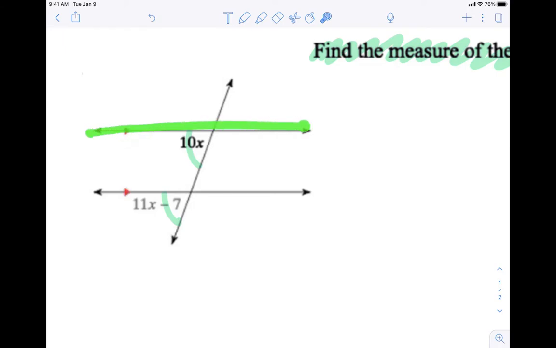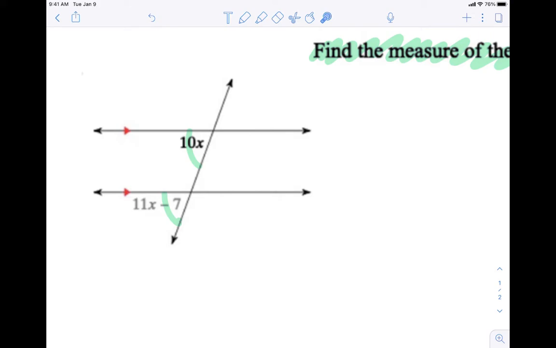I notice this 10x is on the inside, and this 11x minus 7 is on the outside. One inside, one outside. And as far as the transversal here, they're both on the left. So one inside, one outside the parallel lines, and both on the same side of the transversal.